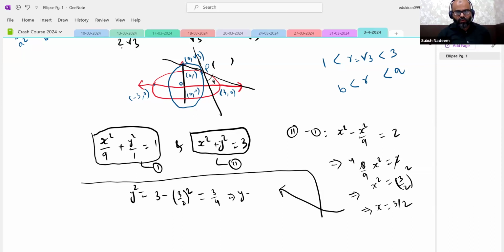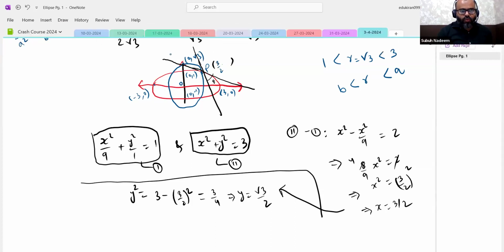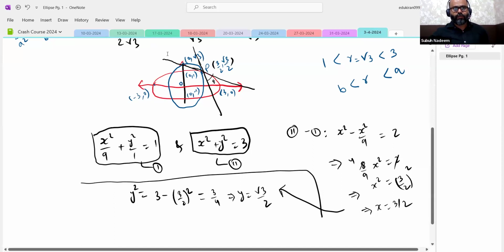So y is equal to root 3 by 2. So the point P here is 3 by 2, comma, root 3 by 2. This is the point of intersection.